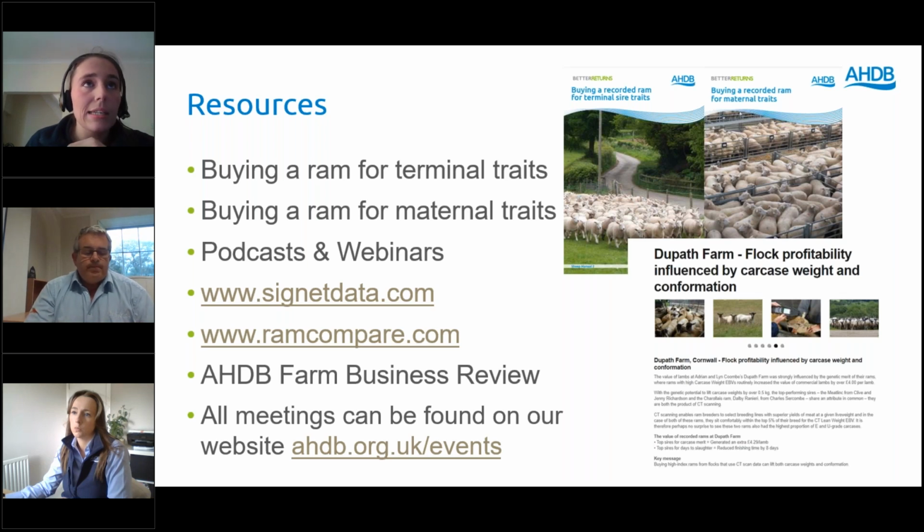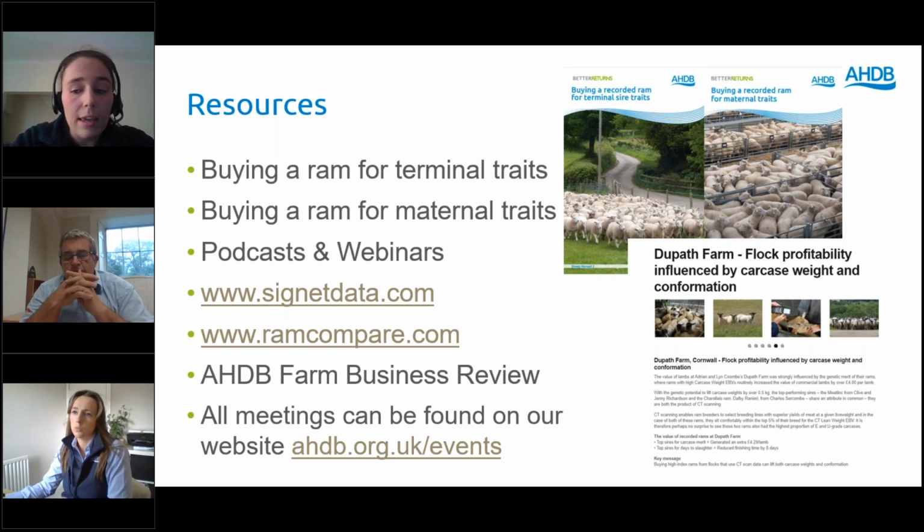There'll be an email with these links in, and the 2 manuals at the top, Recorded Ram for terminal traits and the same for maternal traits, go through each EBV and give you an example of how to use it and a definition of what it means. And they're just a lot more useful to have in your back pocket or sat at the end of the kitchen table than us going through each one in depth today.